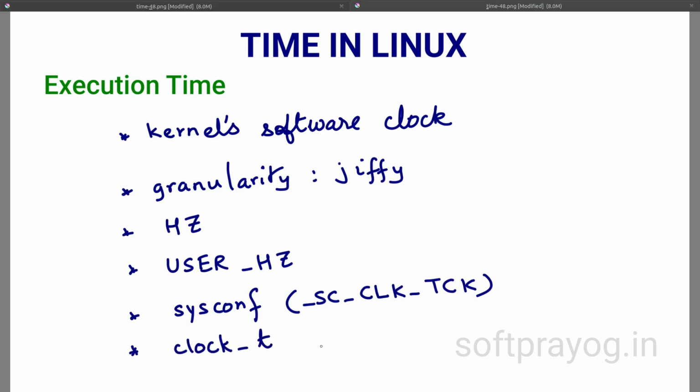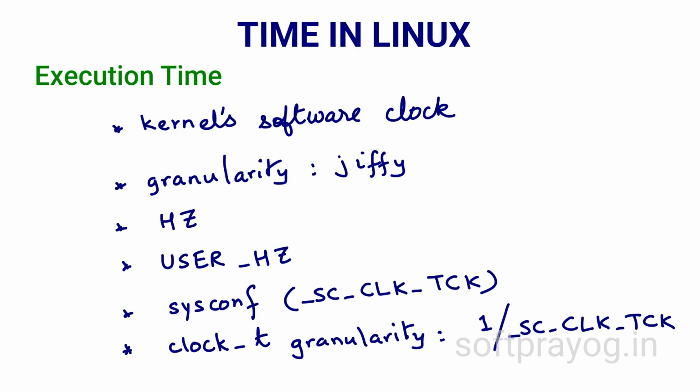For the external world, the kernel has a constant USER_HZ, which has the value 100. We can get the value of USER_HZ as sysconf(_SC_CLK_TCK).